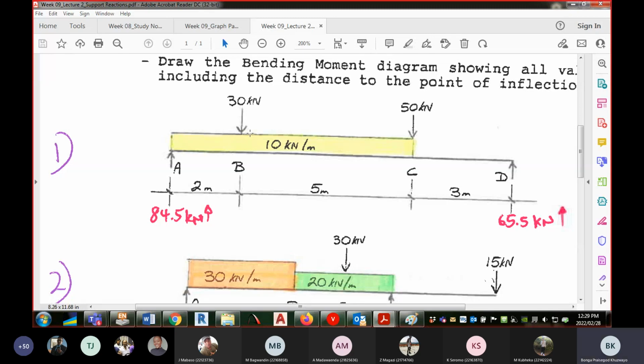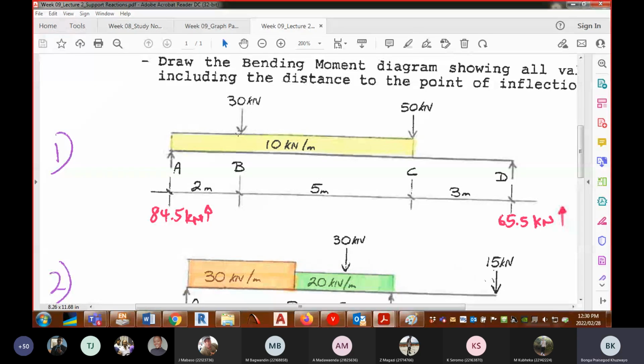That's what we're going to investigate if we do B left. So we still have plus 84.5, and then minus 10 times 2.